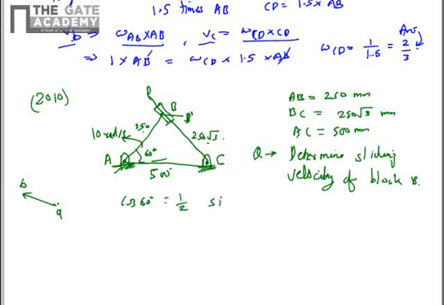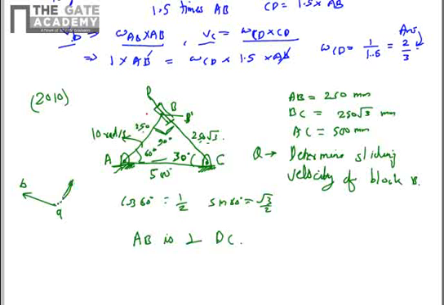Sine 60 degrees is root 3 by 2, so 500 into root 3 by 2 will be equal to 250 root 3. From that simple logic, this angle is equal to 30 degrees. Since this angle is equal to 30 degrees, then this is a right angle, 90 degrees. So hence AB is perpendicular to the length DC.